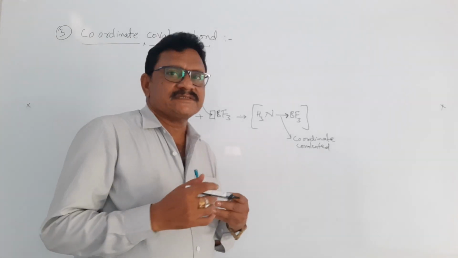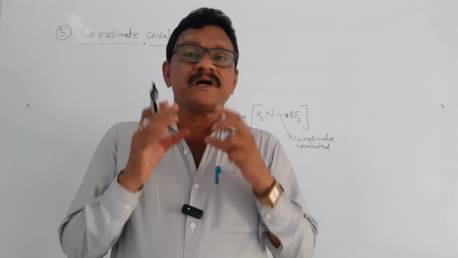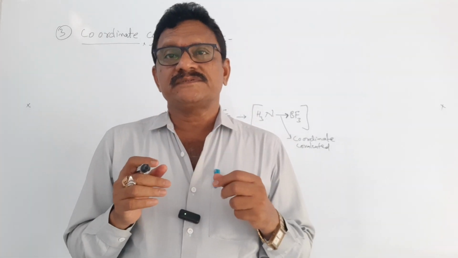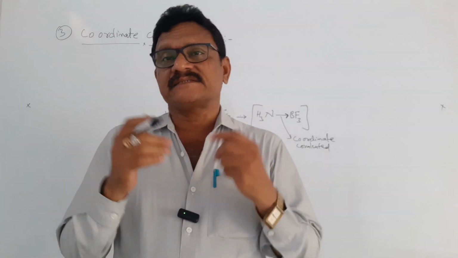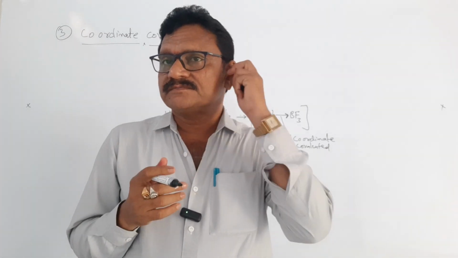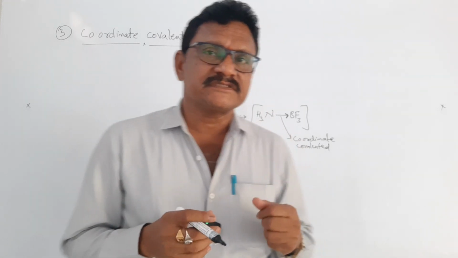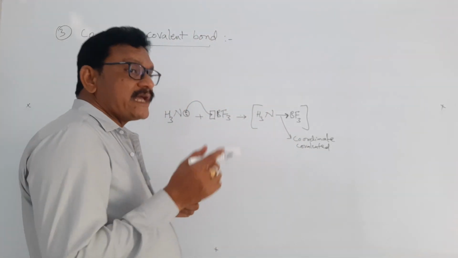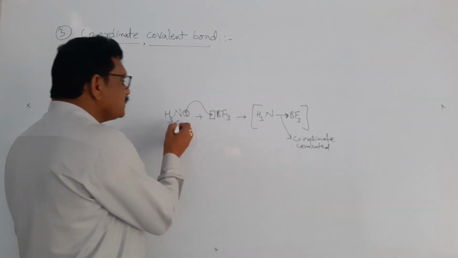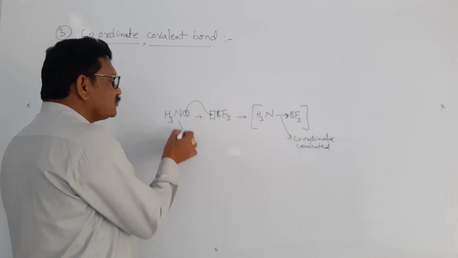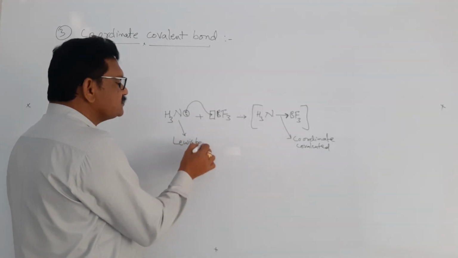But here is the case, what you try to remember: which molecules are electron donor molecules, and which molecules can act as electron acceptors, that you want to know. Then it is very easy to follow this coordinate covalent bond. So see here, one more thing: as per the Lewis acid base concept, the donor molecule can act as a Lewis base.